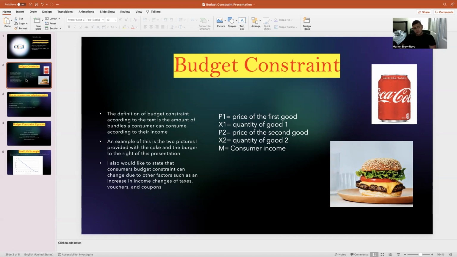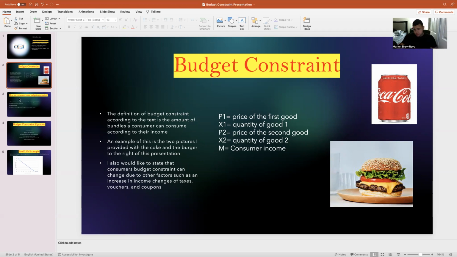Now, the equation, which we will get into later, has P1, X1, P2, X2, and M. P1 is the price of the first good. X1 is the quantity of the first good. P2 is the price of the second good, and X2 is the quantity of the second good. M equals the consumer's income.